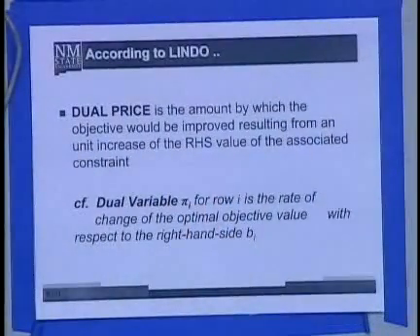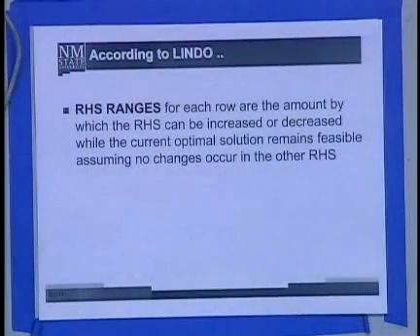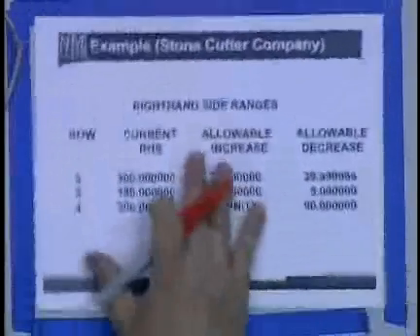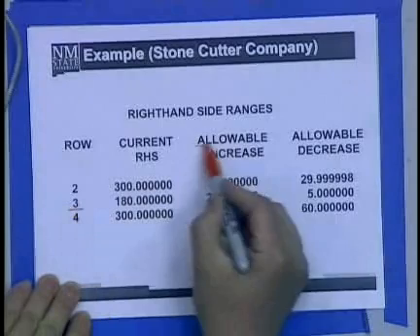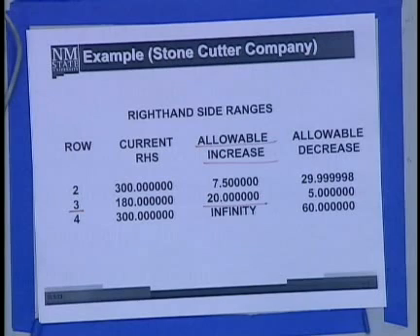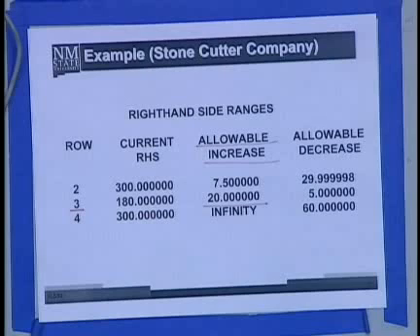However, again, the dual price remains valid only if the change in the right-hand side of corresponding constraints leaves the current optimal solution feasible. So, first of all, you need to look at the right-hand side ranges. Okay? Increasing 10 hours of chiseling is still within the allowable increase limit of 20, right?